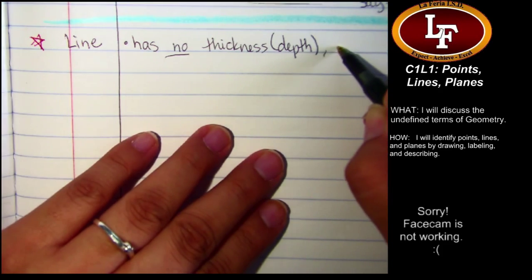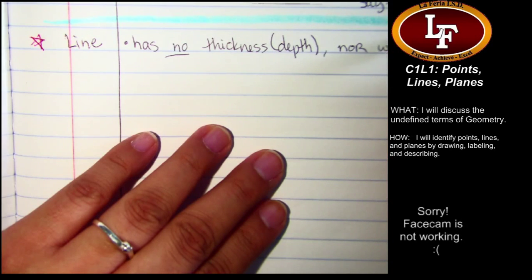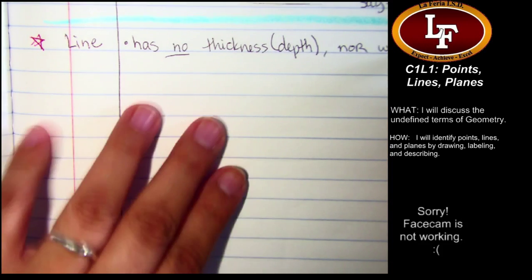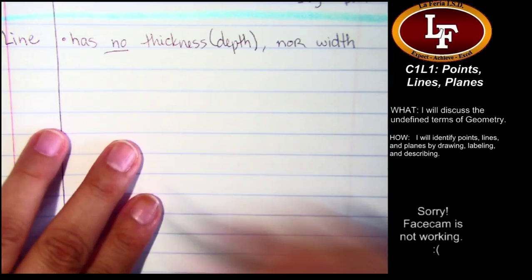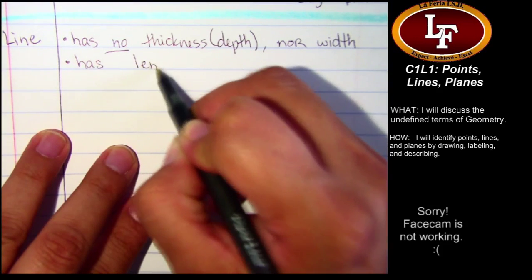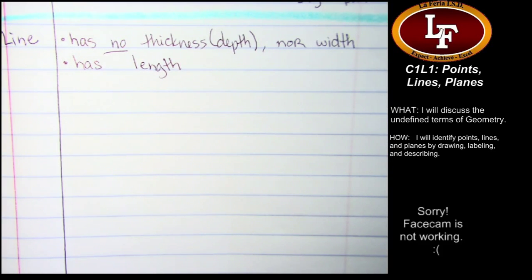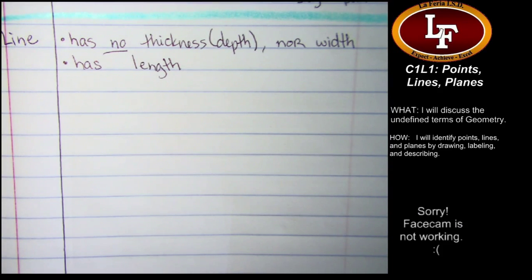It also has no width. The line does, however, have a length. So we can talk about how long this line is, the distance between points on a line, but there's no way for us to talk about how wide this line is.